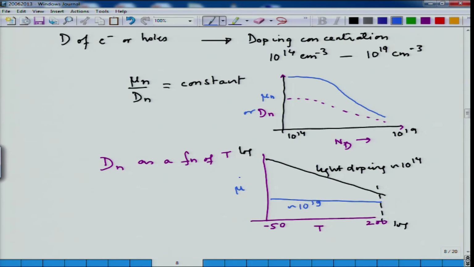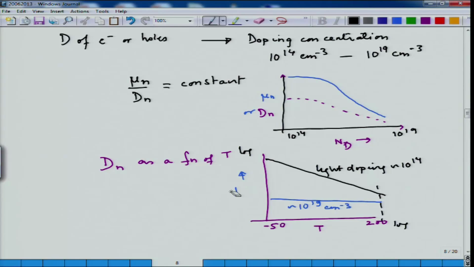Let me say, schematically trying to plot the mobility. The reason for this more flat dependence is because at higher concentration, what we have is more impurity scattering that is dominating over the lattice scattering, and hence the behavior is more flat.